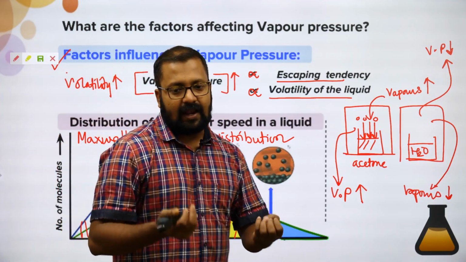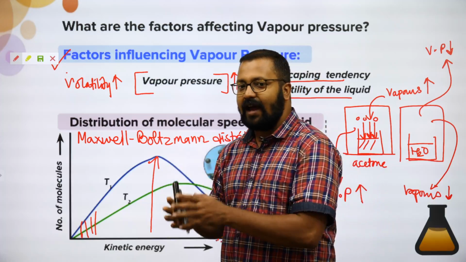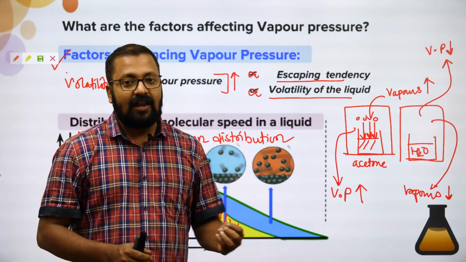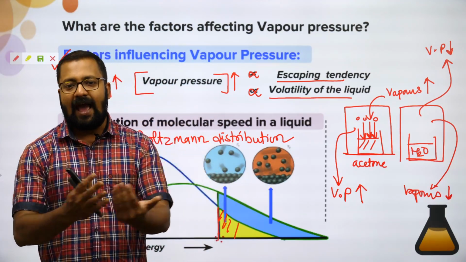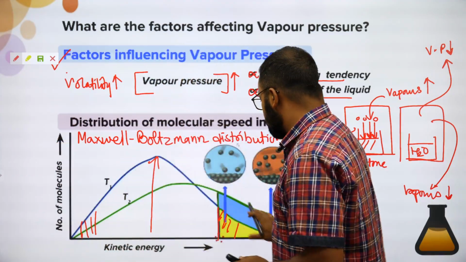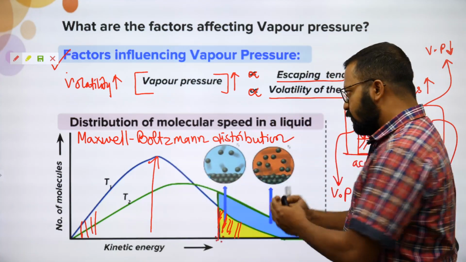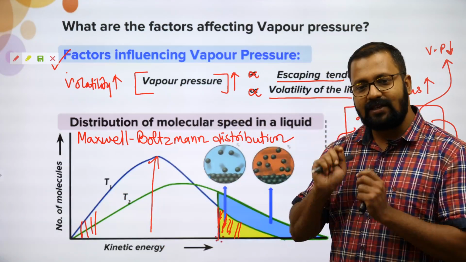If you take any class of 100 students, the number of people scoring very high will be very small, and the number scoring very low will also be very small. Most of the students will be somewhere in between. So this is what the Maxwell-Boltzmann distribution of molecular velocity, or kinetic energy, suggests.